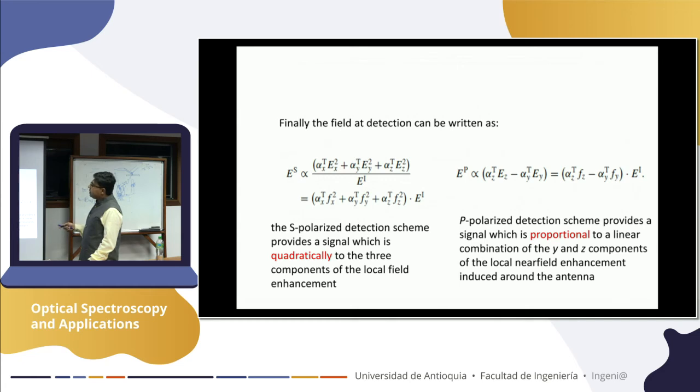So you create your S polarized light, which has X, Y, and Z components, because it is a three-dimensional entity, a tip. And the P polarized light also has a Z component. So you have X, Y, and Z components.